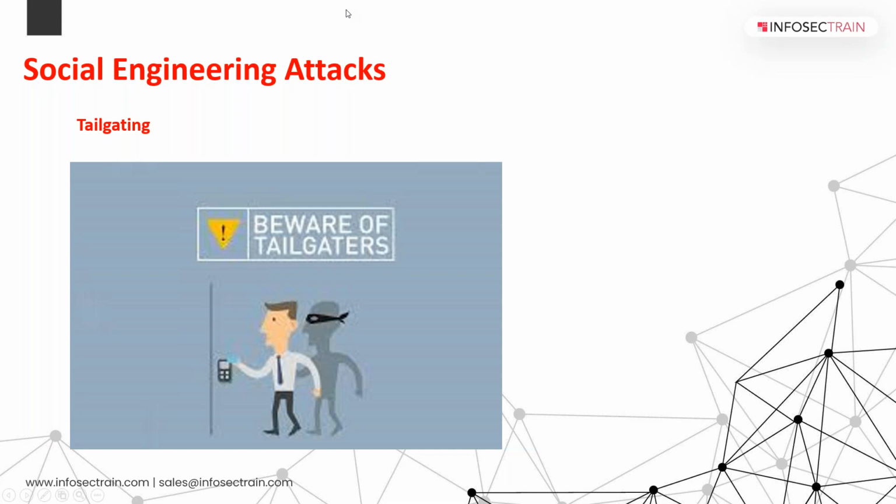So he sneaks inside the organization without the awareness of anyone within the organization. You are entering an organization, I am standing behind you and just following you, and you are not aware that someone along with you entered the organization. That is your tailgating.